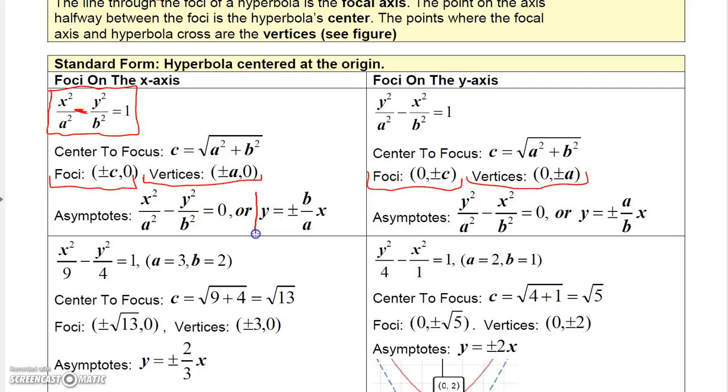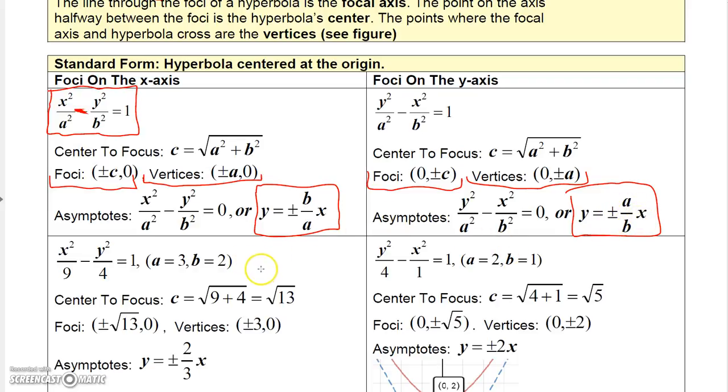If you solve it, you get slant asymptotes of y equals plus or minus b over a x, and if the foci are on the y-axis, you get slant asymptotes of y equals plus or minus a over b x.